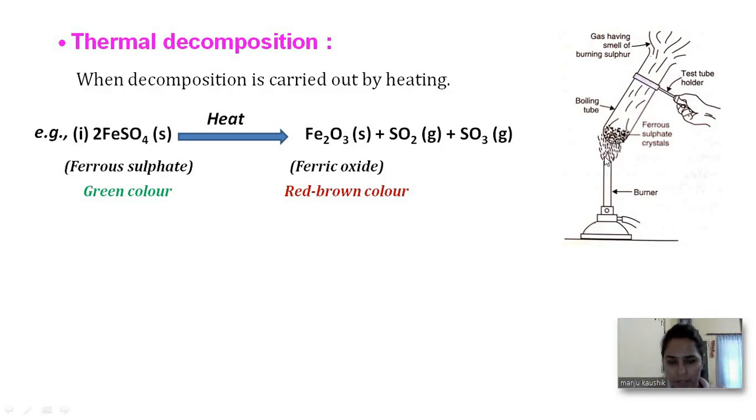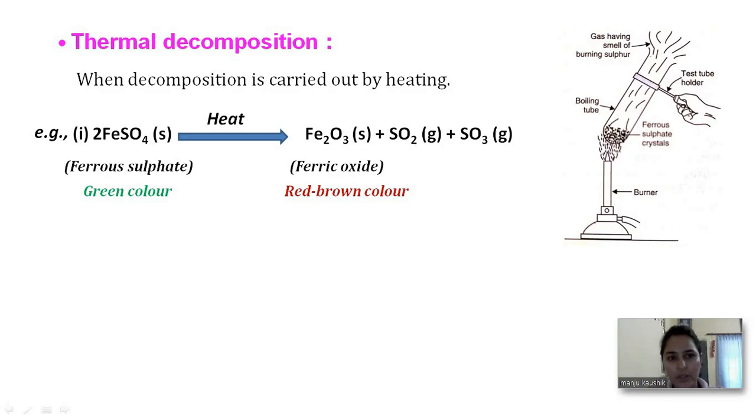We are heating it. After some time, these crystals will turn reddish brown in color, and those reddish brown crystals are of ferric oxide. And in that process also, sulfur dioxide and sulfur trioxide gases are released.